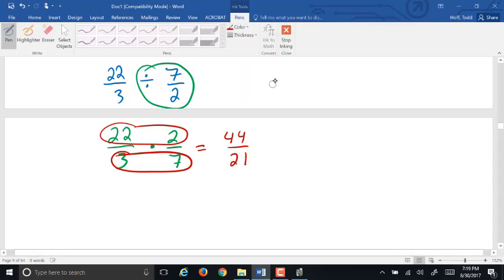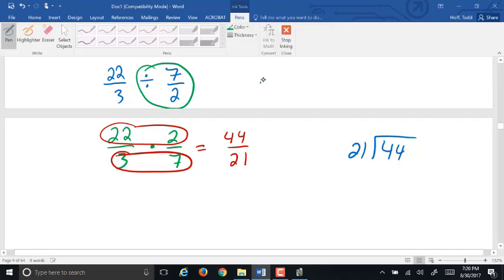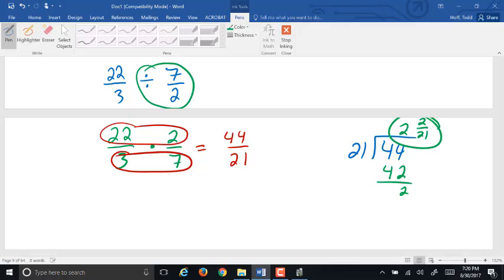Now we do have to break that back down into a mixed number. 21 goes into 44 how many times? Twice. Good. 2 times 21? 42. There's 2 left over. So there's 2 and 2/21. Not so bad.